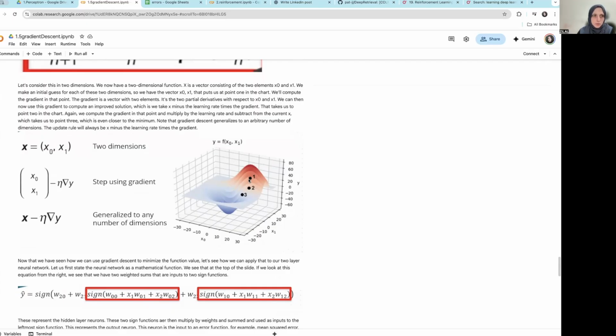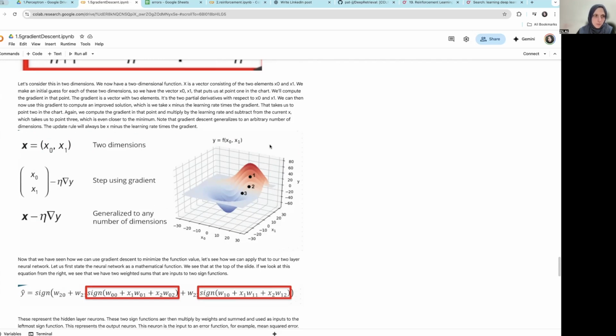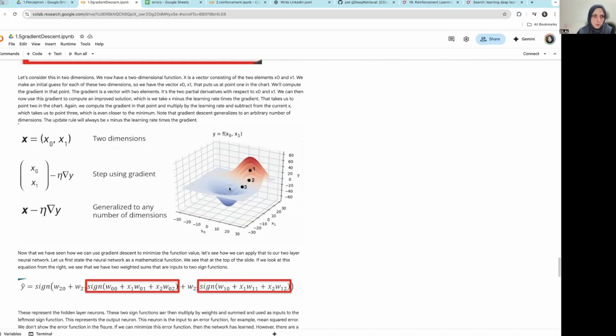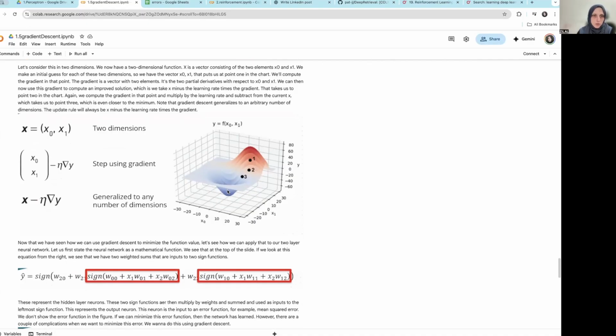We will compute the gradient at that point. The gradient is a vector with 2 elements. It's the 2 partial derivatives with respect to x0 and x1. We can then use this gradient to compute an improved solution, which is x minus eta times the gradient.